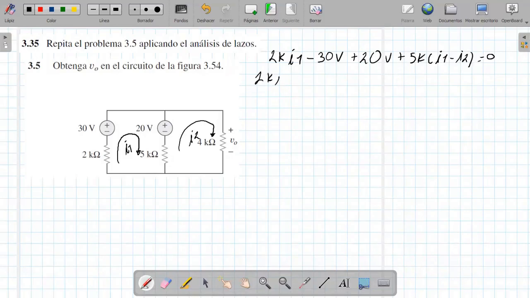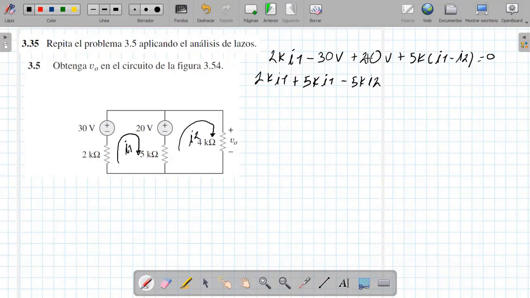Applying algebra, I put everything that has the current variable on a single side: equals 2K times the I1 plus 5K for the I1, also minus 5K for the I2, and this would be minus 30 plus 20, which is minus 10.